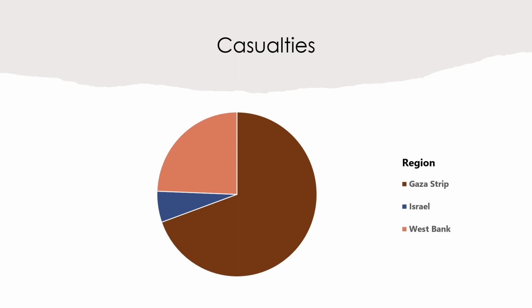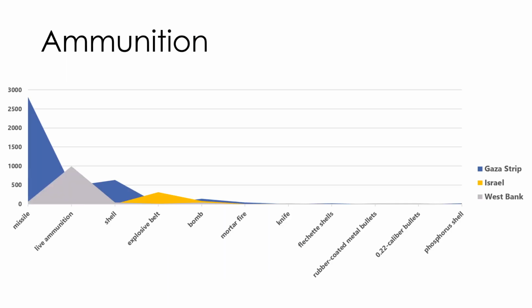Now let's discuss ammunition, the different weapons being used in the series of attacks. Missile is the deadliest weapon proved so far. Look at it. It has caused the most casualties in the Gaza Strip, followed by shelling and then bombs.